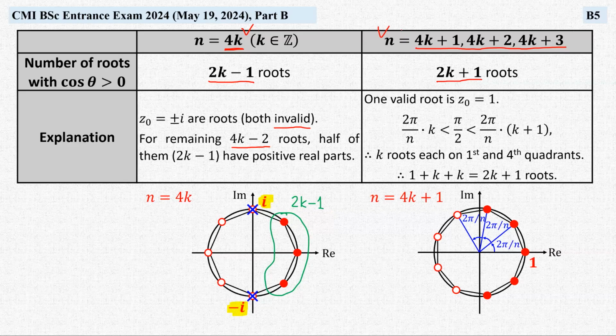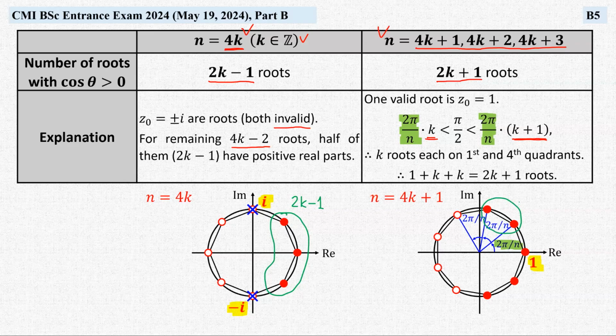As for n equals 4k plus 1, 4k plus 2, or 4k plus 3 cases, we know that 1 is always a valid root, even in n equals 4k case. In all cases, the argument increases by 2 pi over n as we move on to the next vertex of a polygon. When n has values of 4k plus 1, 4k plus 2, or 4k plus 3, if we multiply this amount by k, then it is less than pi over 2, and if we multiply this amount by k plus 1, then it becomes greater than pi over 2.